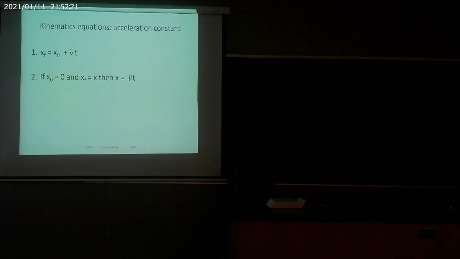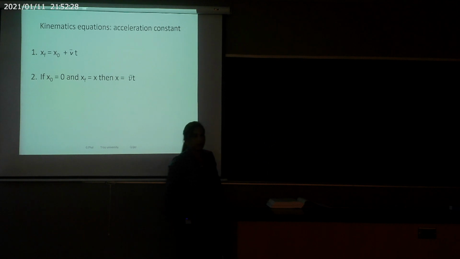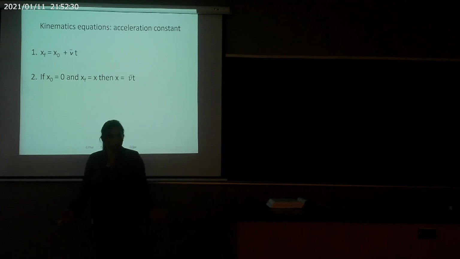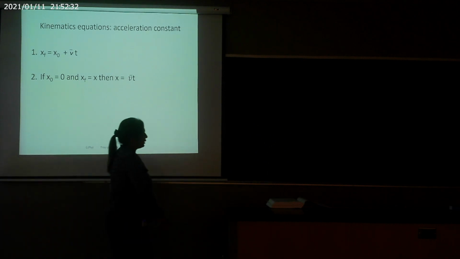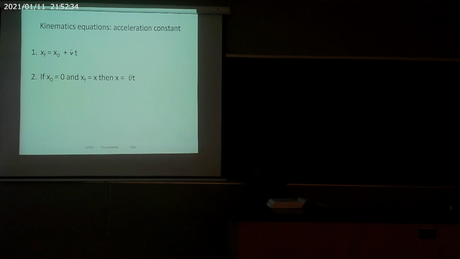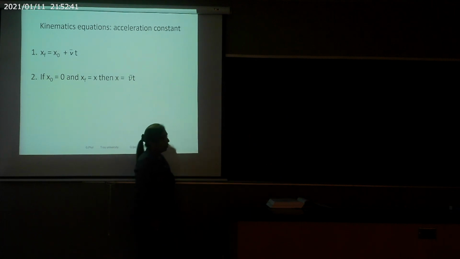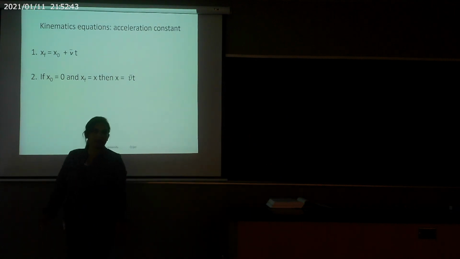You multiply the rate at which it's moving by its time. Correct? V average t will give you the total distance traveled in time t. You add it to the previous distance, and that gives you the total distance. So that is the physical understanding of this equation.